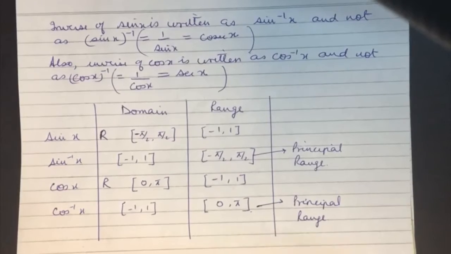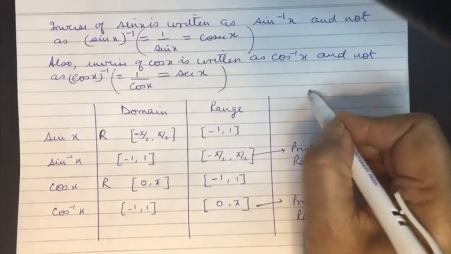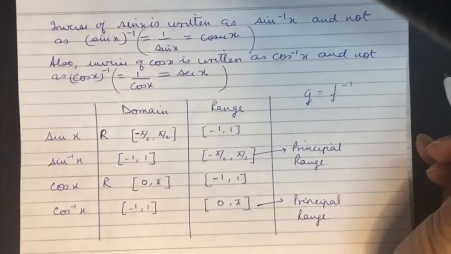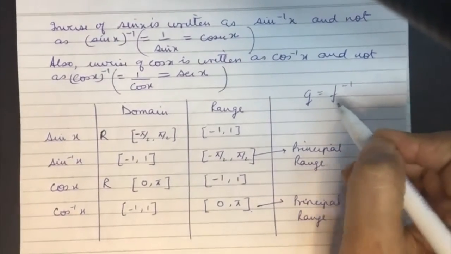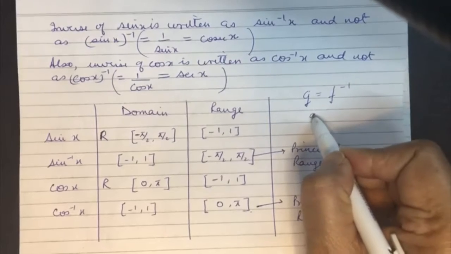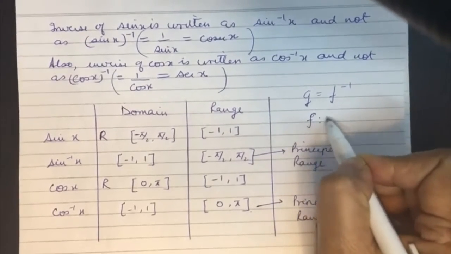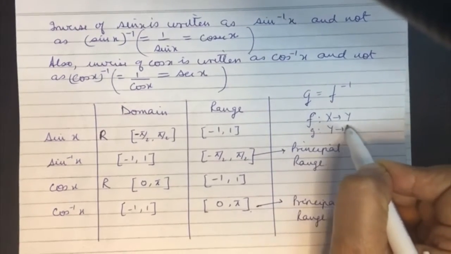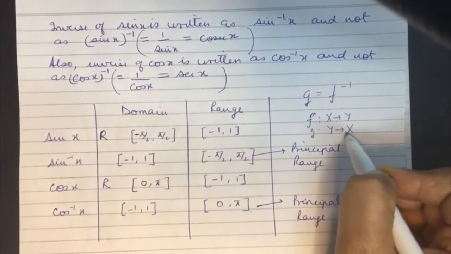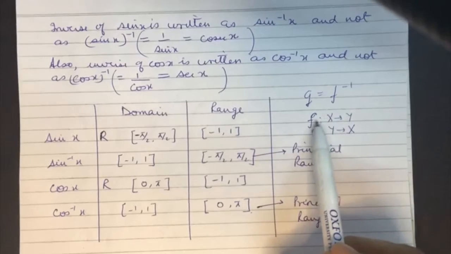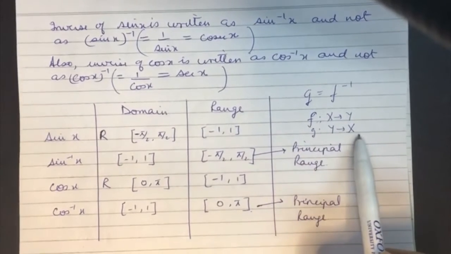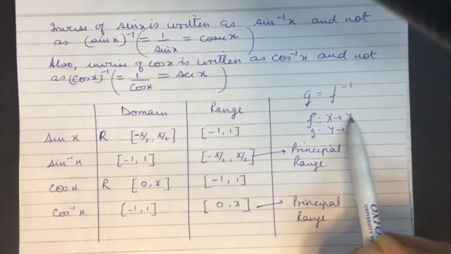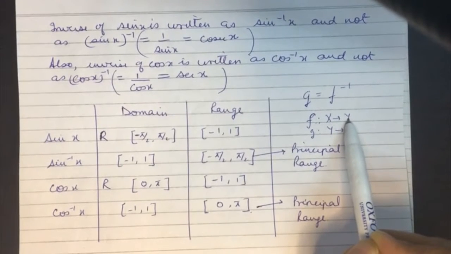Now we know that if g is the inverse of f, then this is possible only in case f is from x to y and g is from y to x. That is, the domain of f is the same as the range of g and the domain of g is the same as the range of f.